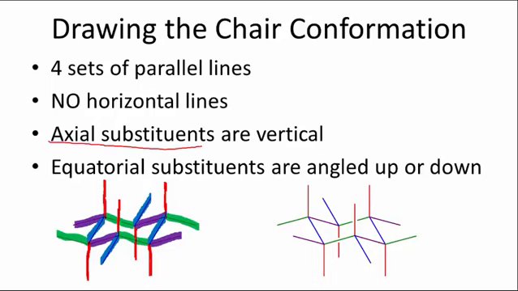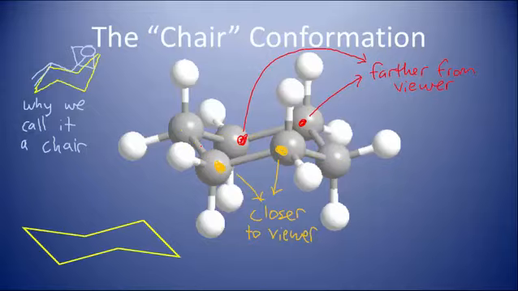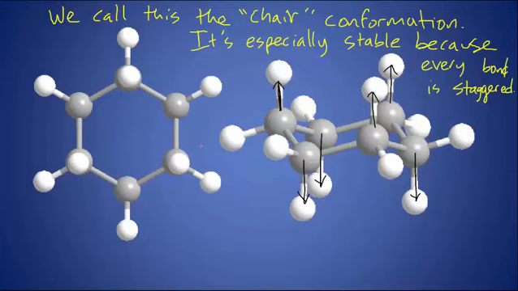If I go back to my original drawing here, the axial substituents were the ones where I drew these arrows. If you imagine spinning this thing around an axis, if it had an axis going through the middle of it like a wheel, those would be the things that are parallel to the axis that it would spin around. And just like the Earth, the things that are around the center, we call equatorial.